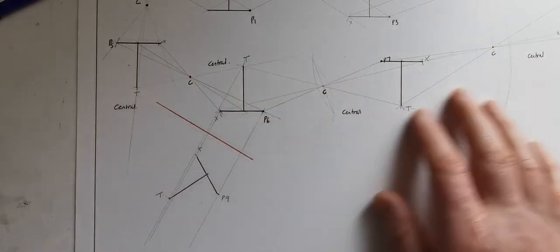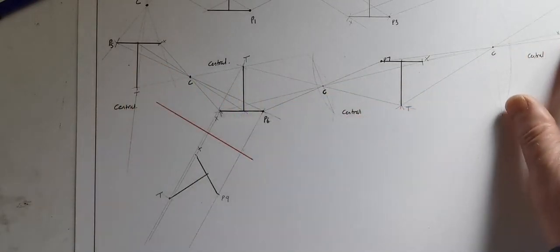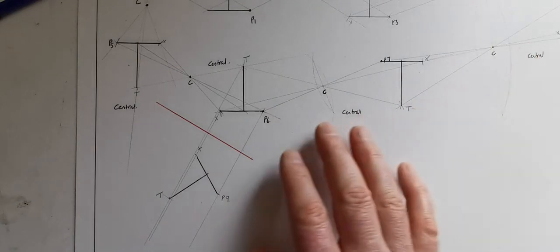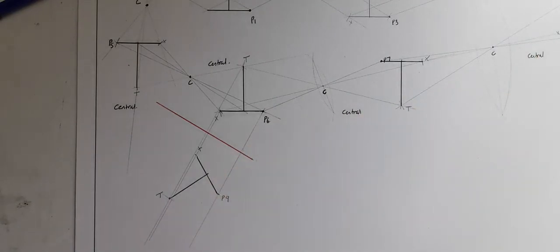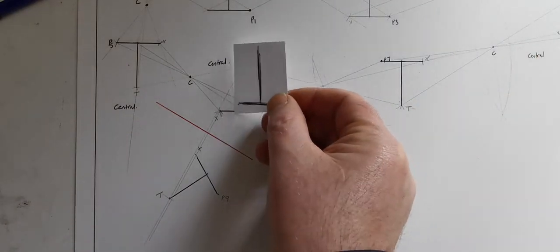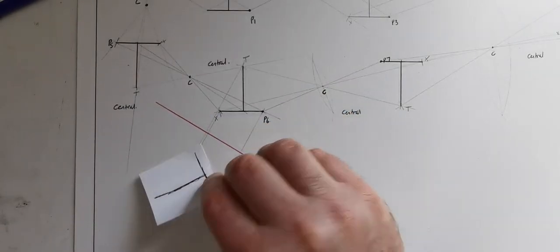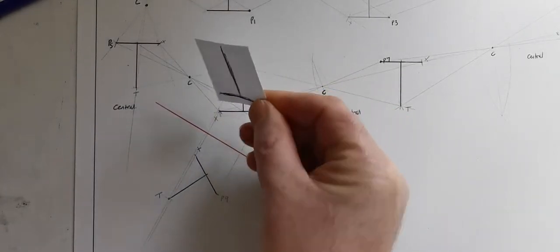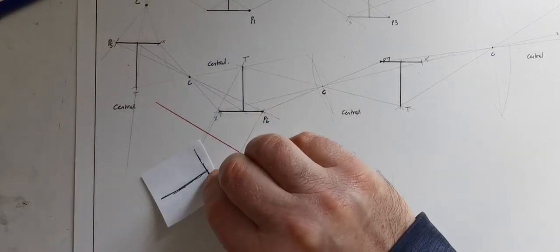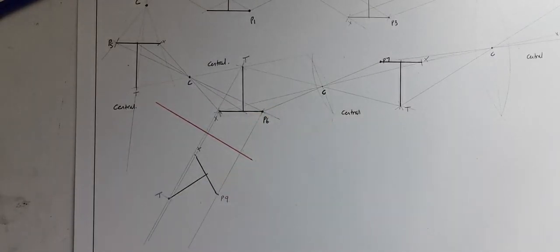Even though I didn't really talk about that because I didn't want to make it too confusing. But axial changes completely. So here was our T, we flipped it across, so we're now seeing the back of it. So it's going like this to like that. So we're seeing the back of it turned upside down.